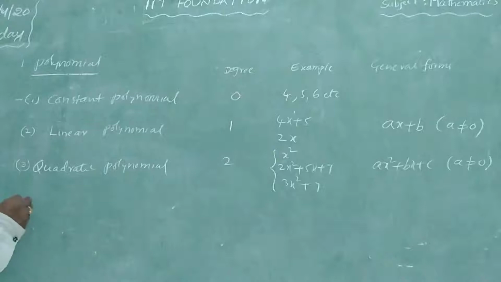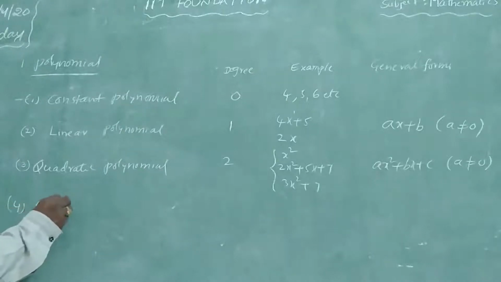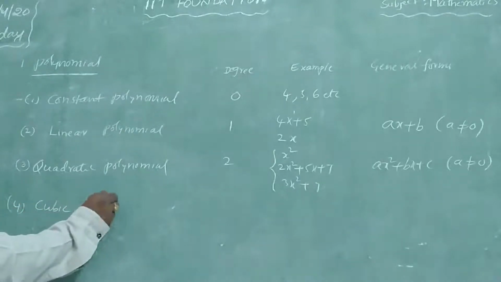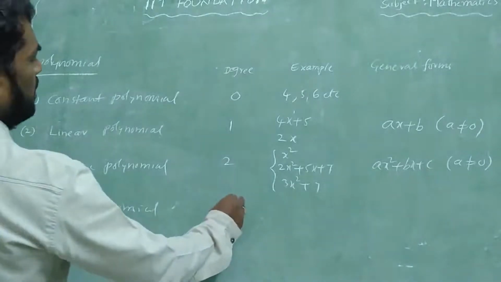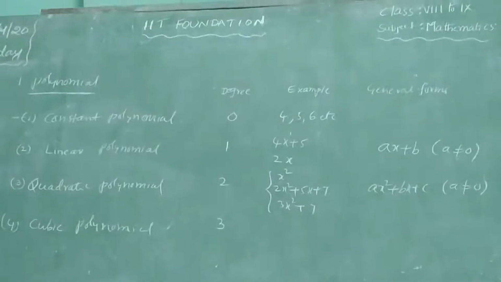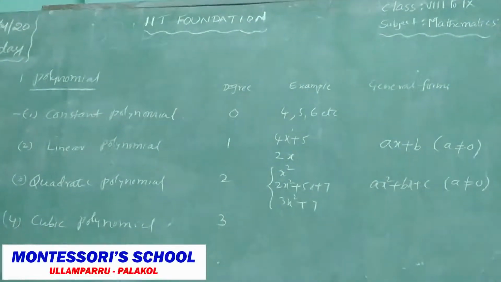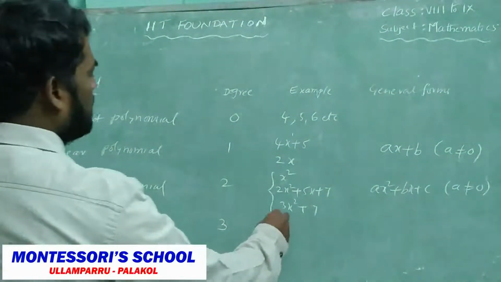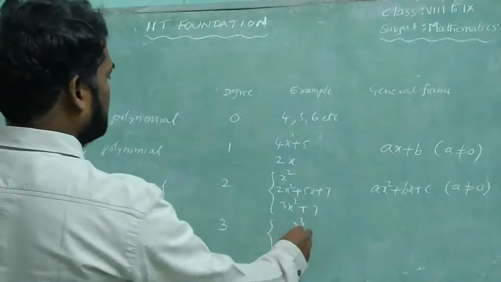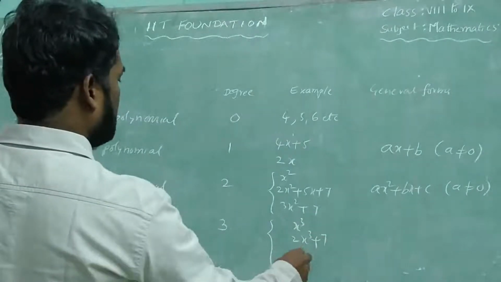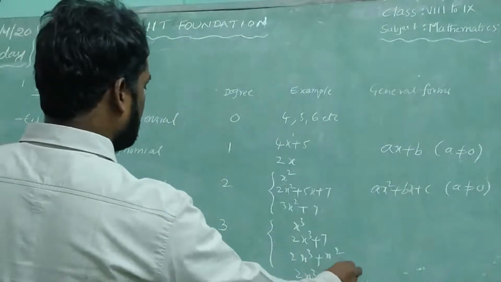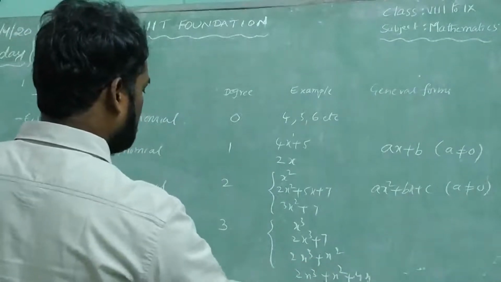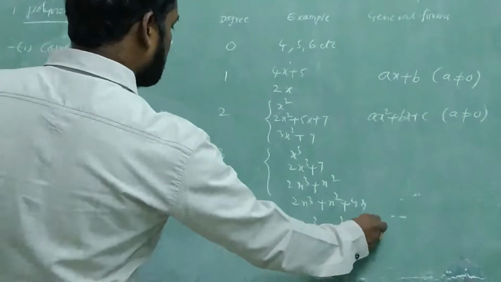And the fourth one is cubic polynomial. If the degree of the polynomial is 3, such a polynomial is called a cubic polynomial. Examples are x cube, 2x cube plus 7, 2x cube plus x square, 2x cube plus x square plus 4x, 2x cube plus x square plus 4x plus 8.